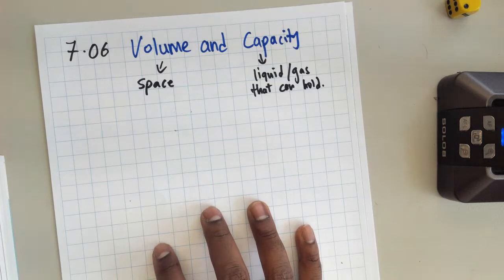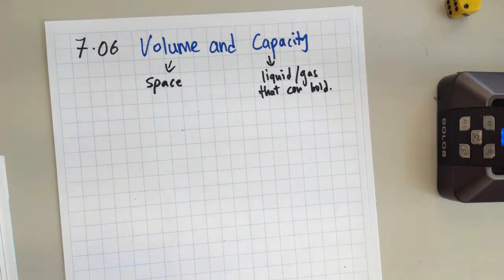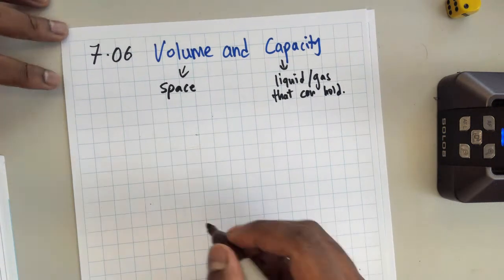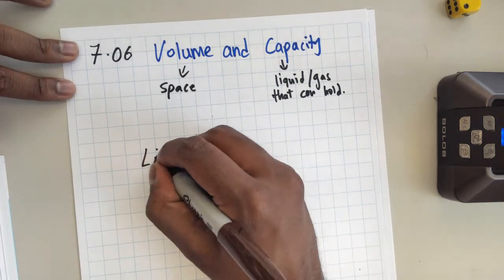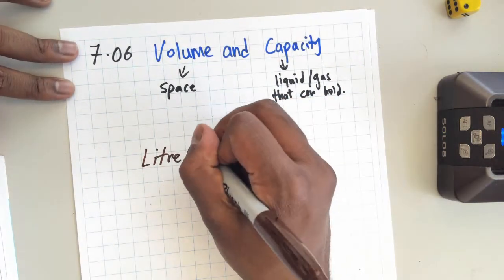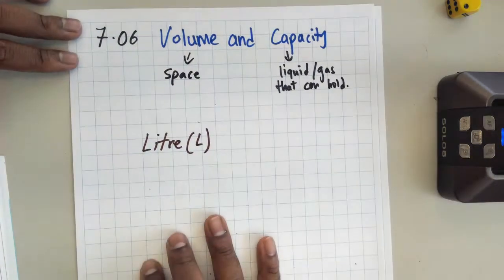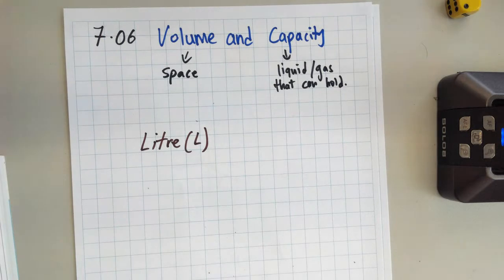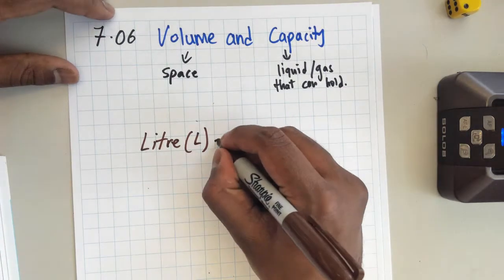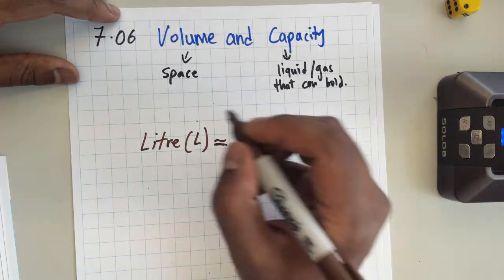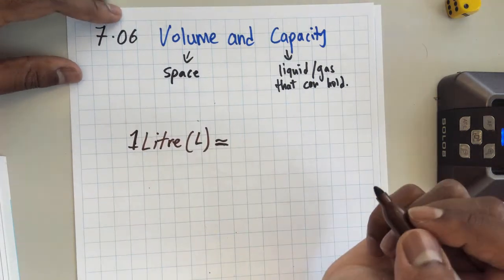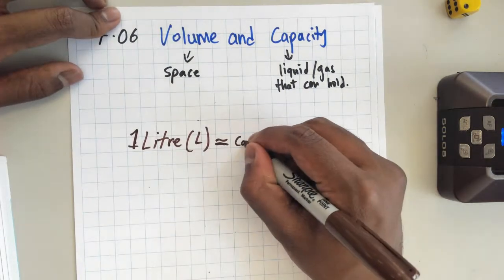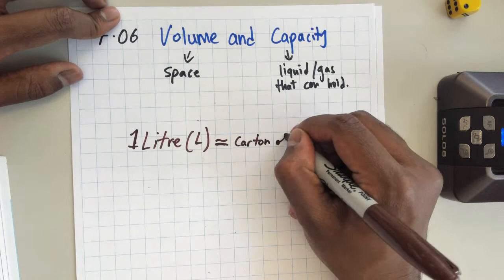For capacity, we use the liter as our main unit. Okay, liter, L-I-T-R-E. When you use this, we're going to use a big L to represent liter. 1 liter you can probably think of a carton of milk. That's got a liter.